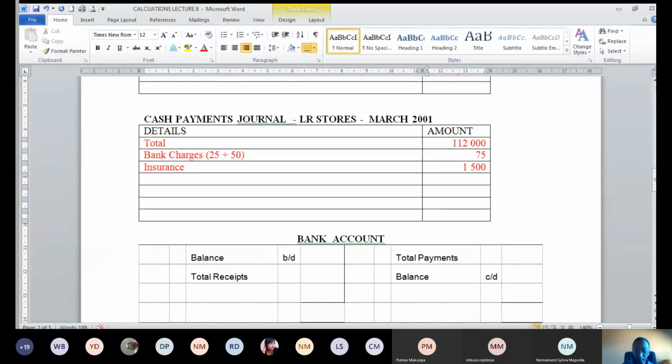Okay. The last item that must be updated now in our cash payments journal, guys, is an amount of 2,100 Rand. Now we are looking for information on that check of 2,100 Rand, check number XX900.